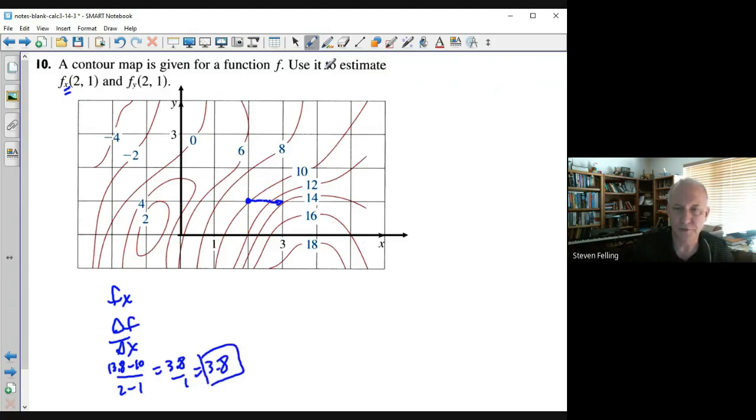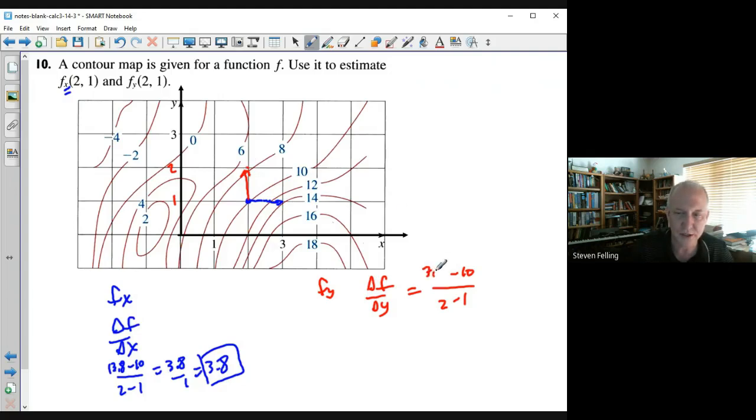Okay, and then for fy, let me use a different color. Fy would be change in f per unit change in y. So if I go up by 1, this is 1, 2, 3. So this would be 1 unit to go from 1 to 2. If I go from 1 to 2 in y, the output goes from around 10 at the start to a little bit less than 8, maybe not quite 7, maybe like 7.2.